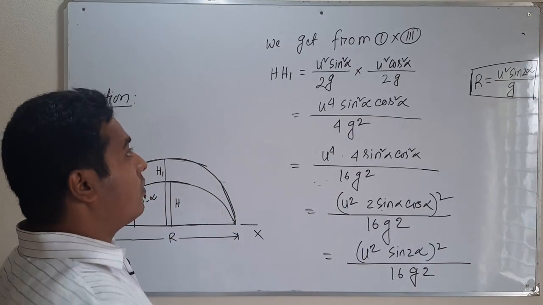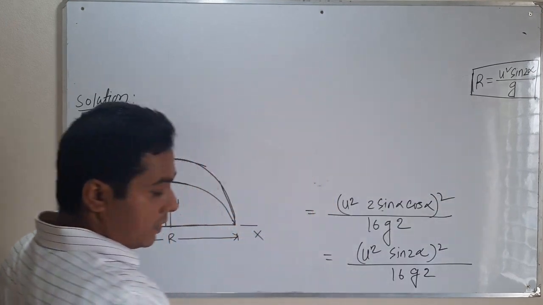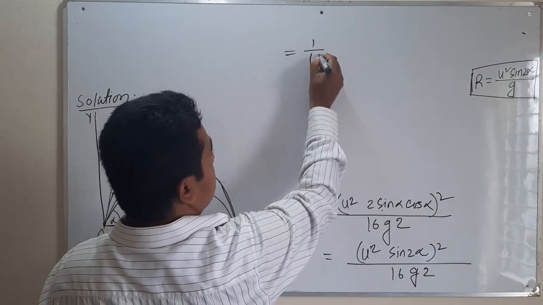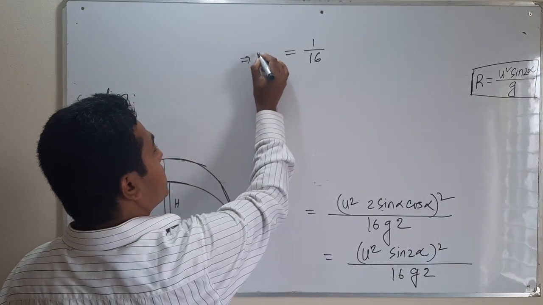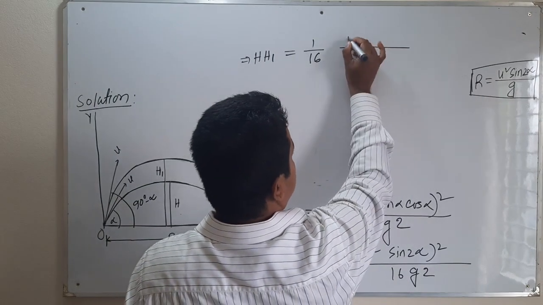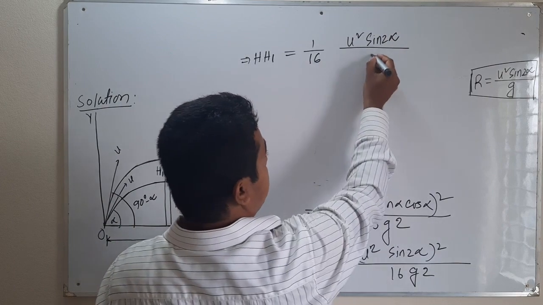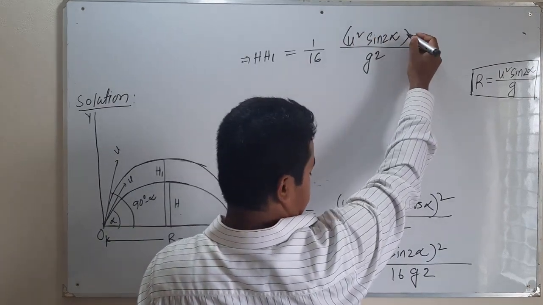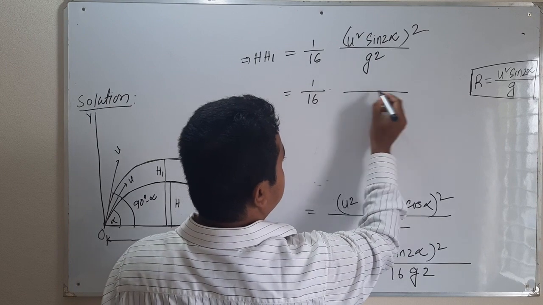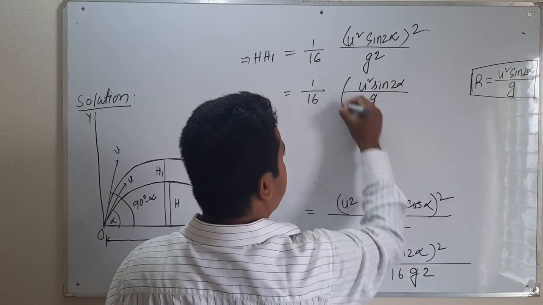Now 1 by 16, this value is h h1: 1 by 16 u square sin 2 alpha divided by g, whole square.